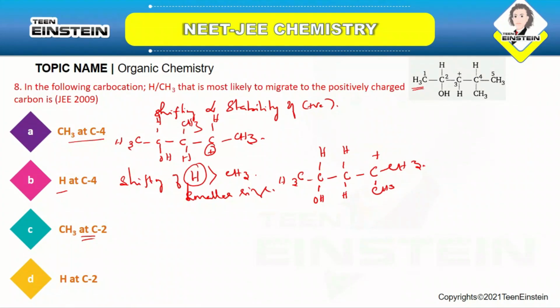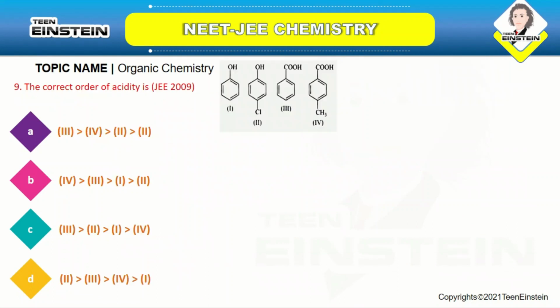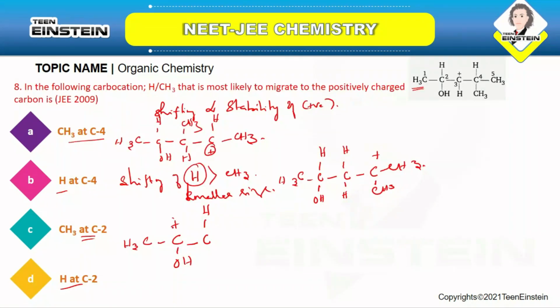But here we see the shifting aptitude is higher for hydrogen than for the methyl group. So we directly move on to option 4, shifting of hydrogen at C2. When shifting takes place, we get COH, here CH, and the positive charge comes at carbon 2. So shifting is like this.